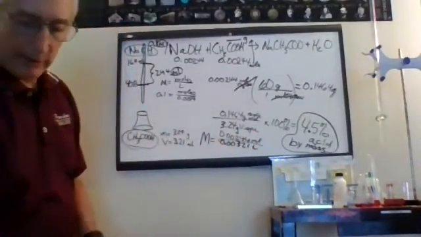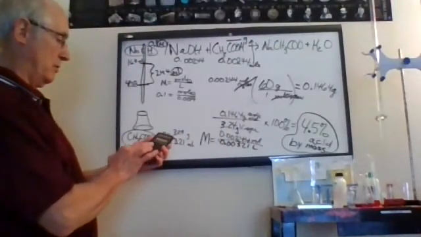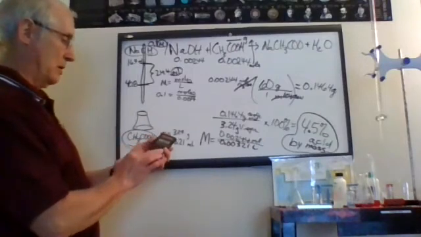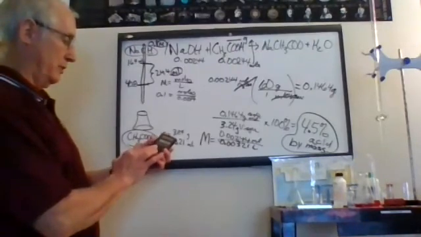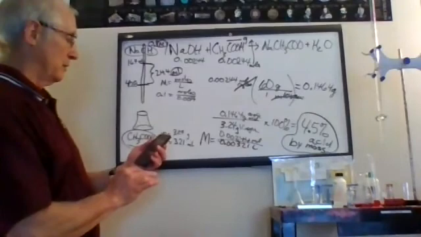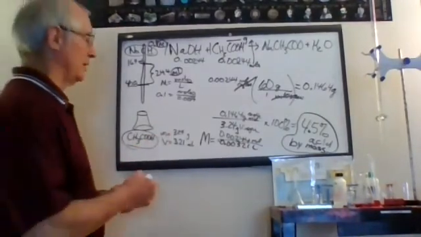Now let's go ahead and calculate that. 0.00244 divided by 0.00321. I get 7/10 molarity.